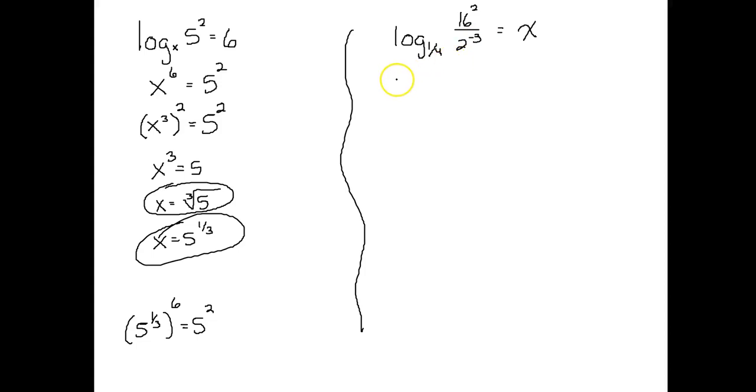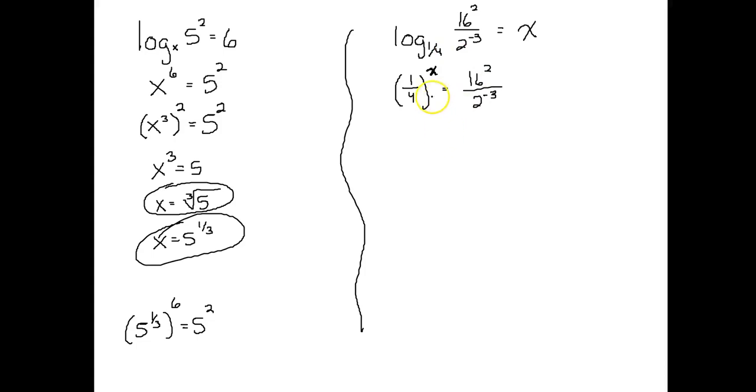So I've got 1/4 to the x power equals 16 squared over 2 to the negative 3. Now since the x is in the exponent, probably my best bet is to get the bases the same and then set the exponents equal.